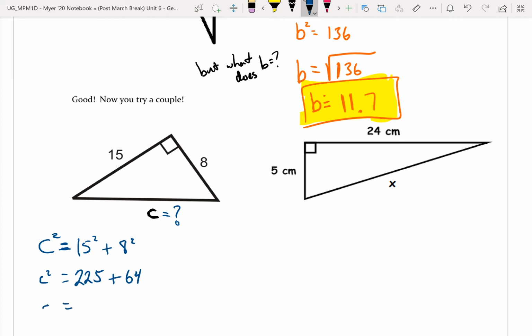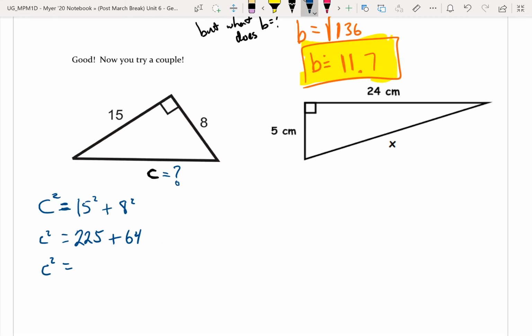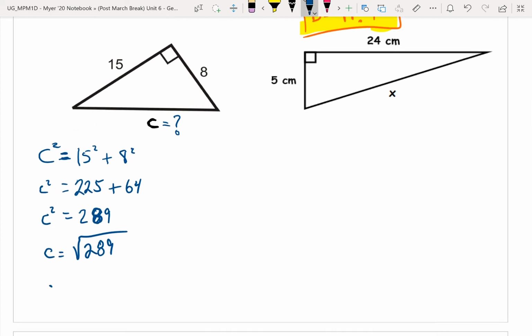So C squared is equal to 289. So C is equal to the square root of 289. And let's just make sure I didn't screw that up. C equals 17.